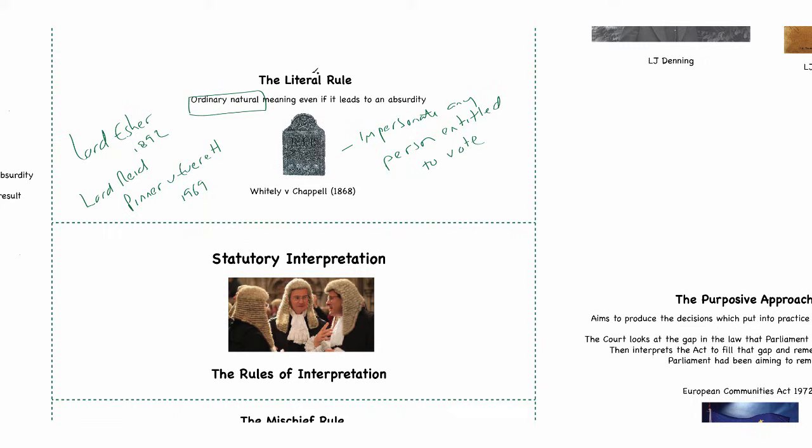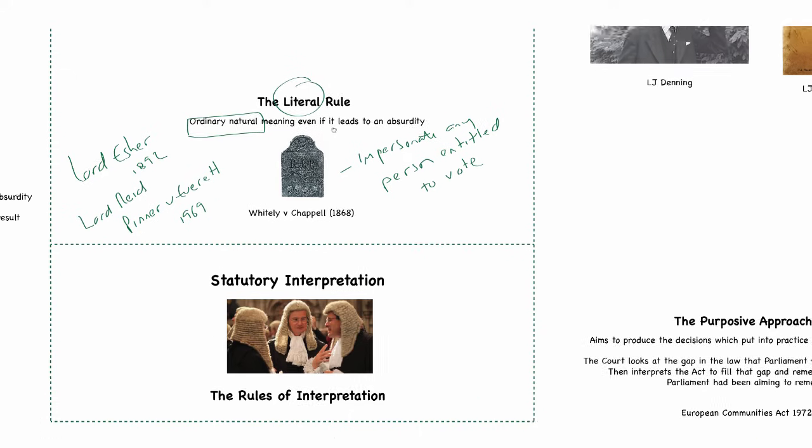The judges apply the literal rule and the defendant is acquitted because he cannot possibly break the law, because it was required that the person must be able to vote. So there we have the application of the literal rule, which leads to an absurdity. I'll show you some more of those when we look at two more cases later.